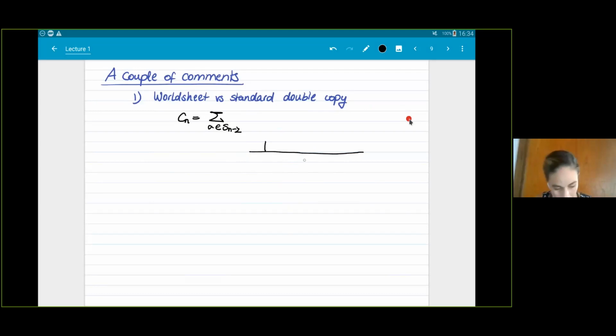We can fix the endpoints 1 and n, and the sum just runs over permutations of these other legs of my half ladder.